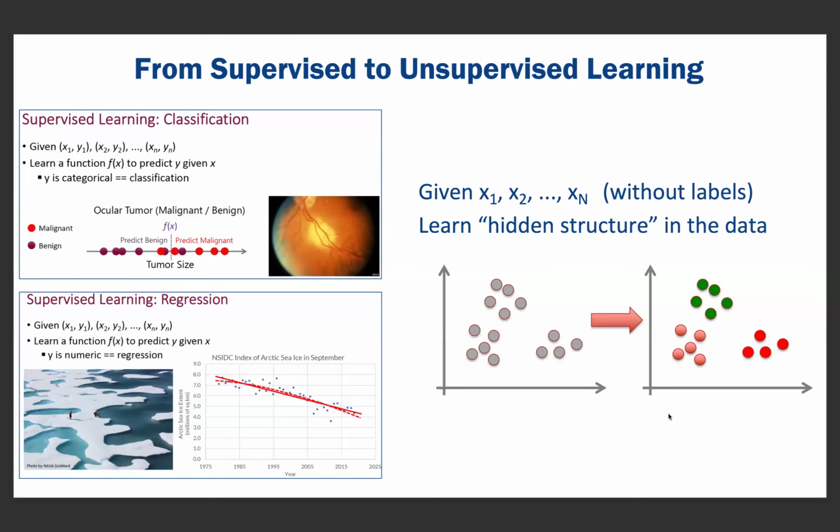And now let's speak very briefly about the case where we just have input data without labels, and we need to find the structure in the data. This could be an end in itself, or a very useful tool before we do supervised learning.